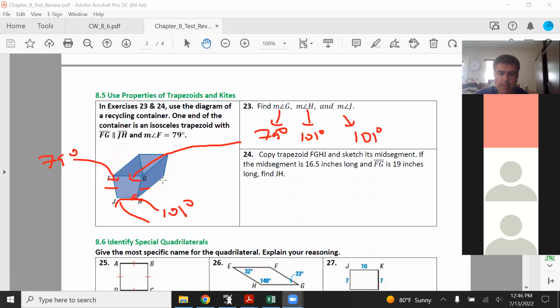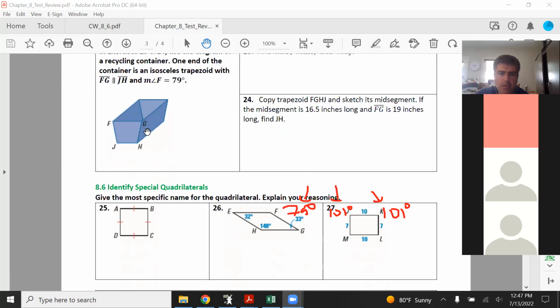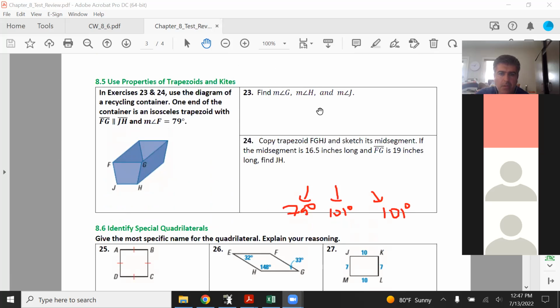And then finally for 25, let me move this. Yeah, for this one here, give the most specific name.